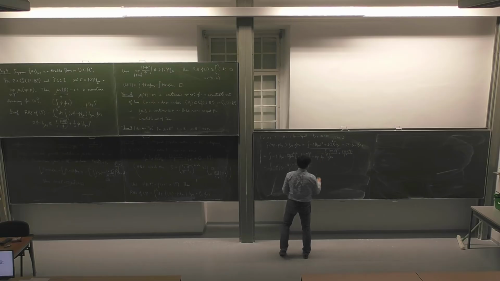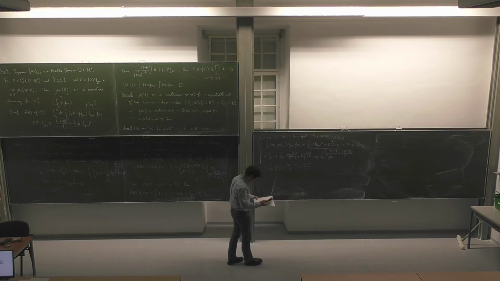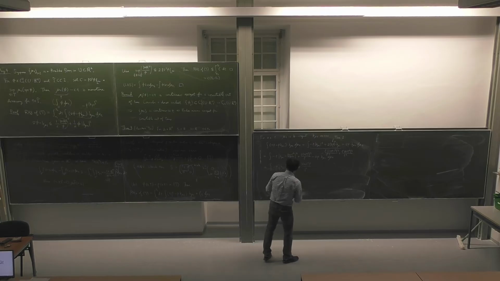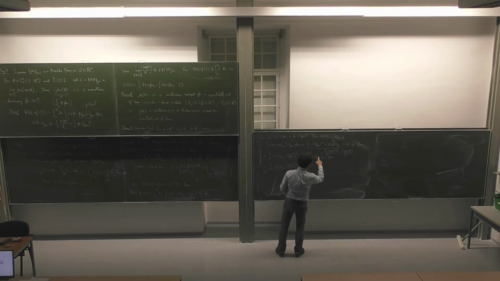Now this one, you use the formula 5. 5 is the definition of the mean curvature vector, okay, generalized mean curvature vector. Now look at the number 5. So using 5, you can change this to divergence.